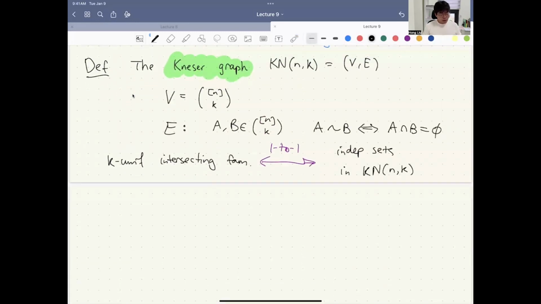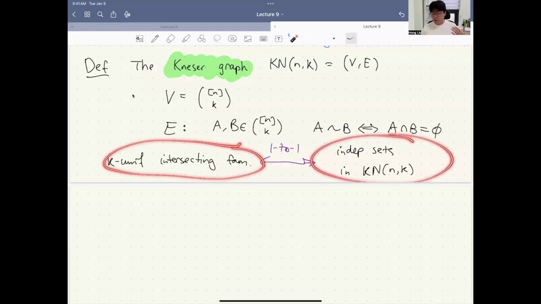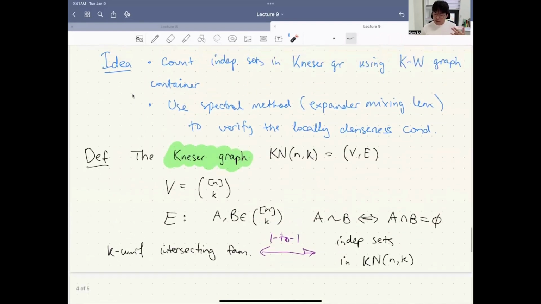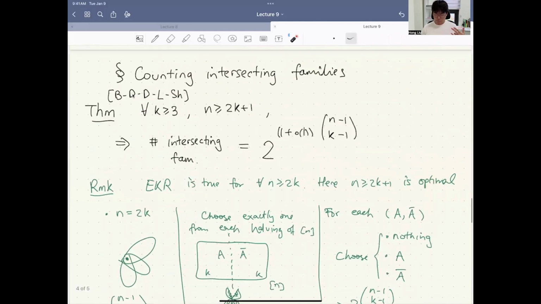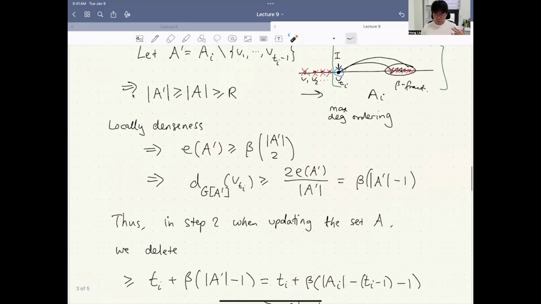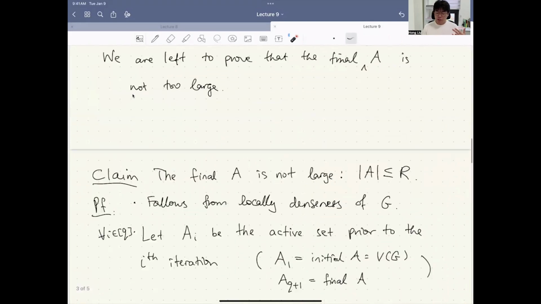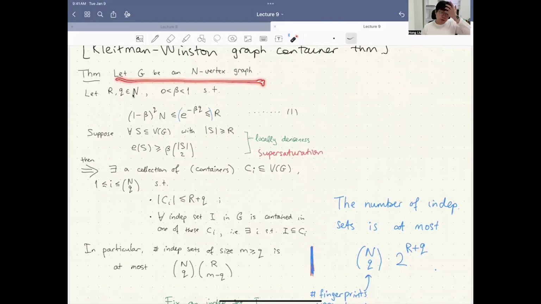Good, we know counting intersecting families becomes counting independent sets in the Kneser graph. We need to verify the local denseness. So now think of this G as our Kneser graph.